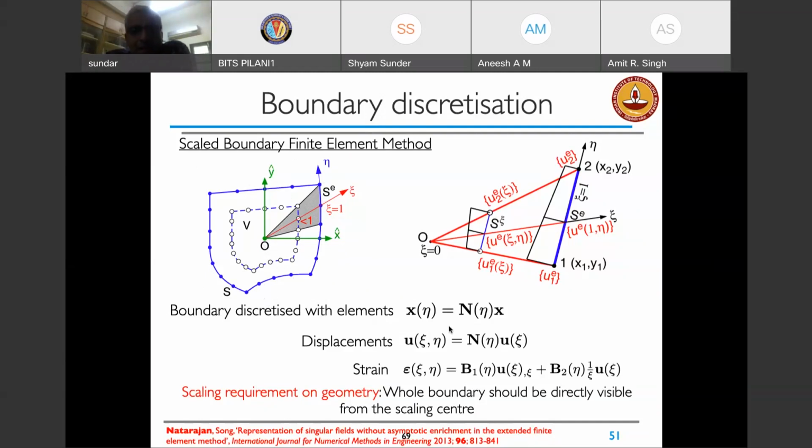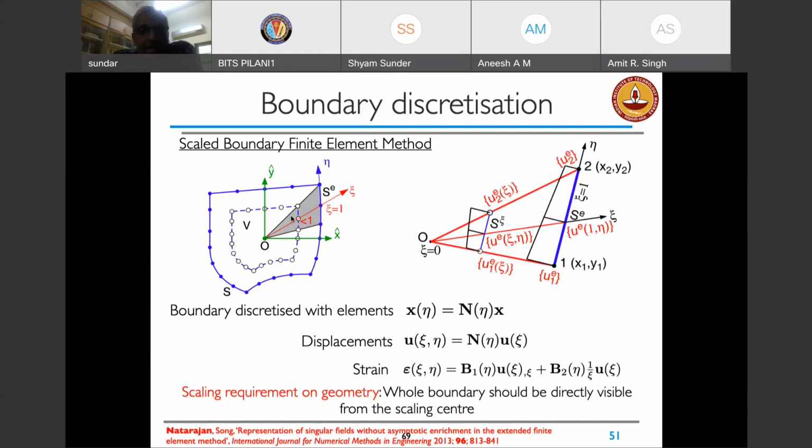So once you have the representation of the boundary in terms of the new coordinates, we also use the same approximation for the displacement. Once you have the displacement, we write the strain using the displacement. So we follow the same Galerkin procedure. But now, instead of working with a Cartesian X and Y, we will work with a new coordinate system called the scale boundary coordinate system in terms of xi and eta.